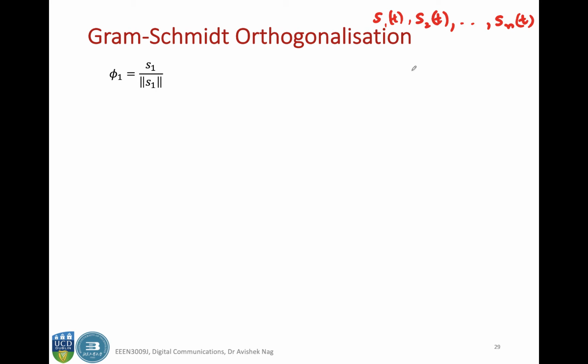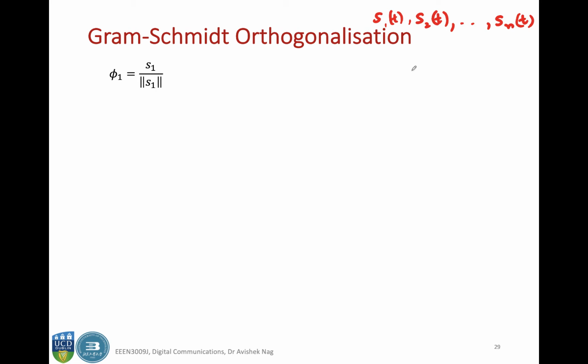The Gram-Schmidt orthogonalization procedure will give you not only phi1, phi2, phi3, etc., but also the exact number of these, or the actual dimension.